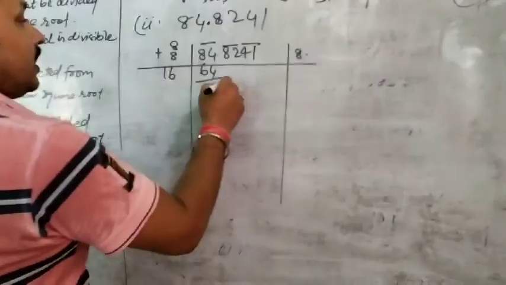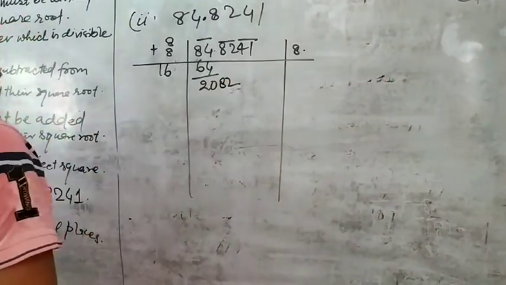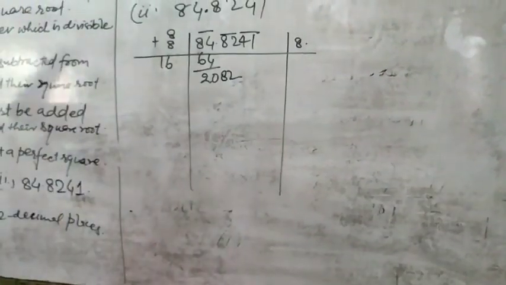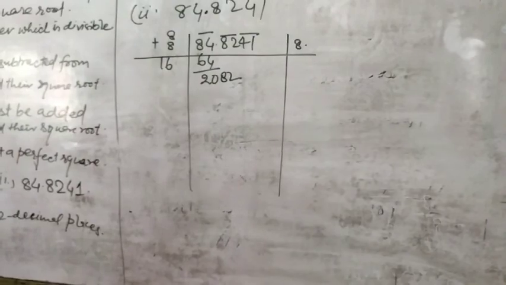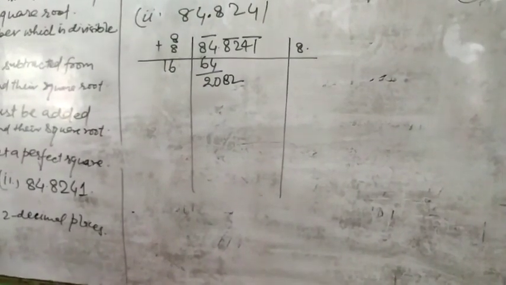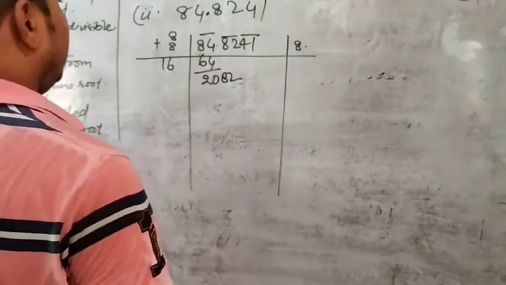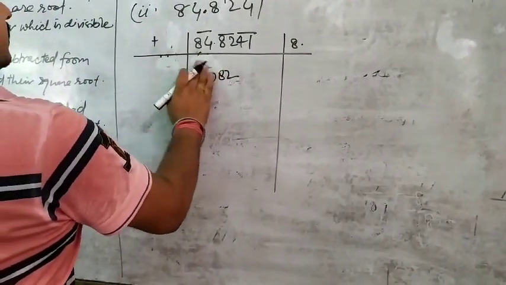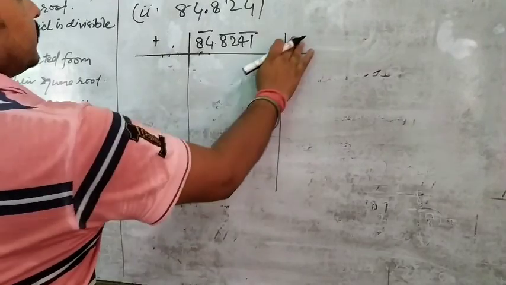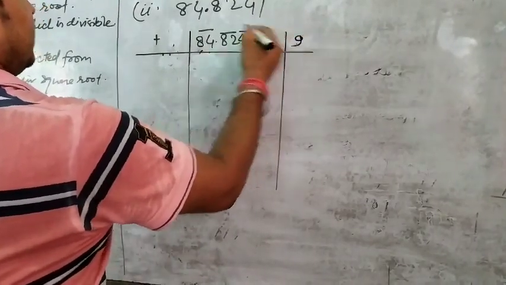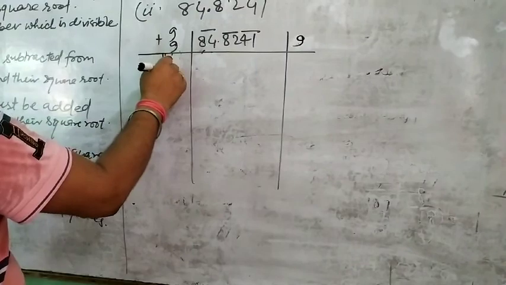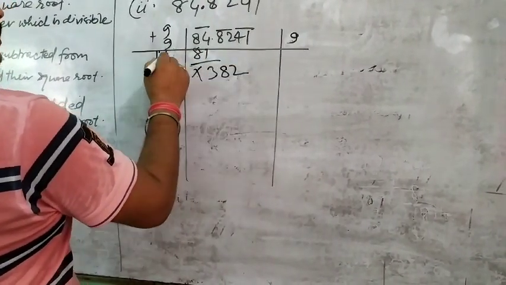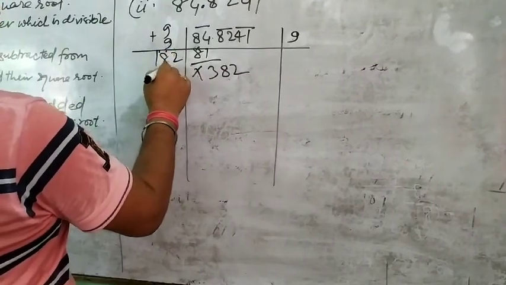Now 82. So it's 9 times, so your result is 9, 9 9s are 81, 18. We got 382, 2 times.